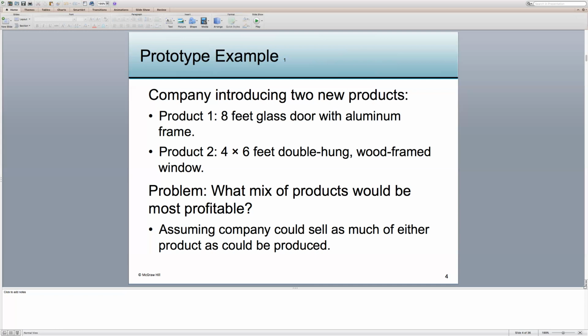Not necessarily that they're trying to give you the wrong data, but they simply might have the wrong data or might not know exactly what the right data is or how to figure it out. And we're making an assumption here that no matter how many glass doors are produced or how many windows are produced, the company can sell them all. So producing the product means an immediate sale and immediate income.